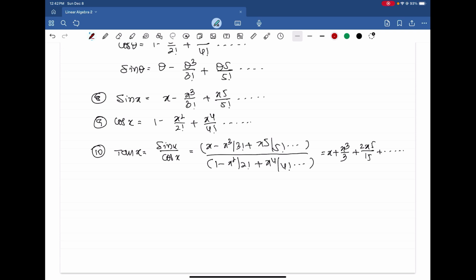For example, let us say from this only, we'll derive one question. What is the value of 1 minus 1 by factorial 3 plus 1 by factorial 5 and so on up to infinity divided by 1 minus 1 by factorial 2 plus 1 by factorial 4 and so on is equal to what?